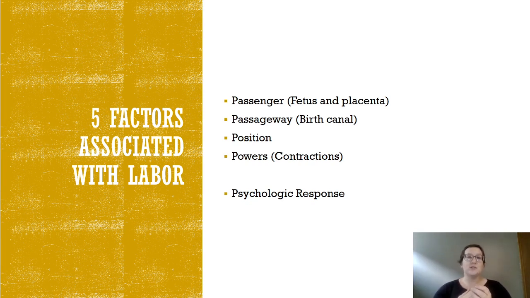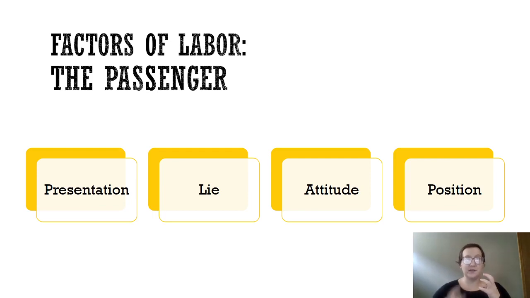The powers include the contractions, which would be not only the part where mom is feeling the involuntary contractions that are occurring within the smooth muscle of the uterus, but also the mother bearing down as well and aiding in that. The psychological response also plays an important part in the laboring process, but is not one that we will specifically focus a ton on.